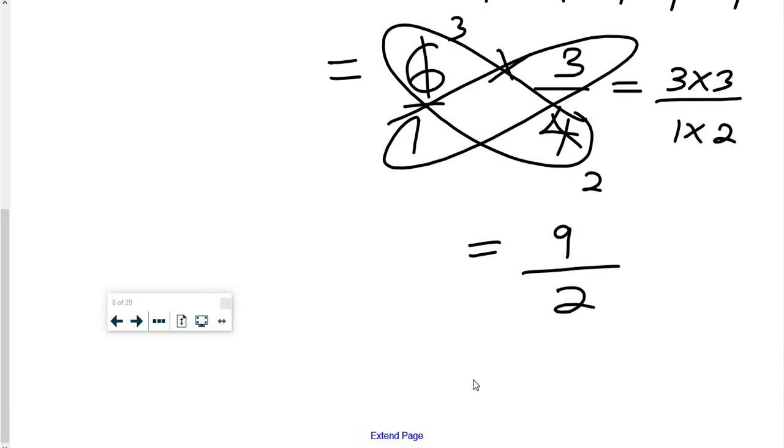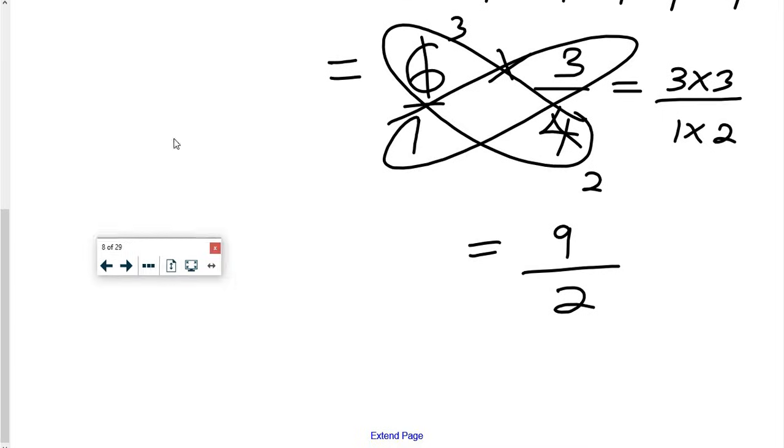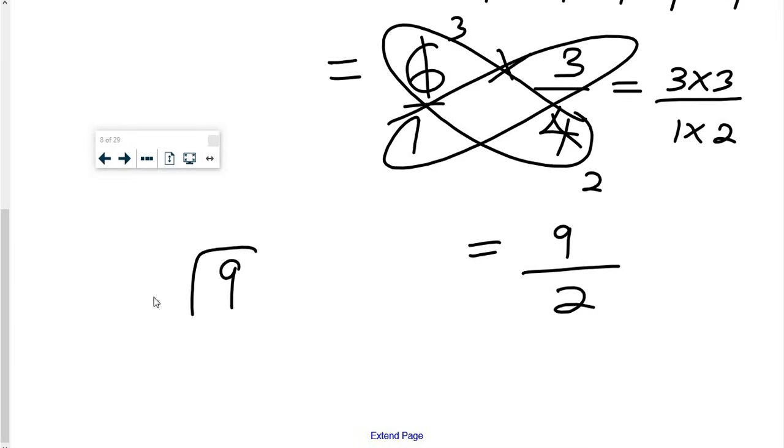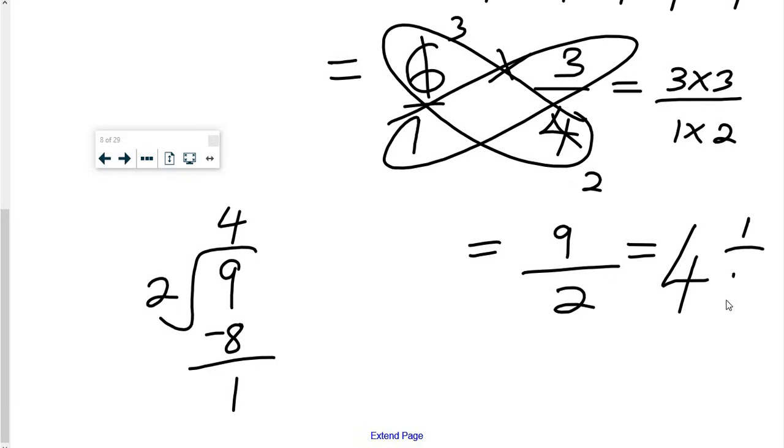So when you get 9/2, now see if you can simplify that. 9/2, you can't simplify that. You can only write this as a mixed number if you want. 9 divided by 2, 2 fours are 8, subtract, that is 1. So you can also write this as 4 1/2.